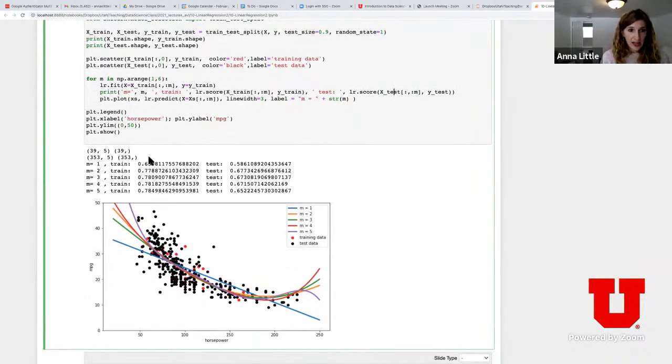As you increase the complexity of the model, of course, the score on the training data set just goes up and up until it plateaus, but it never decreases.